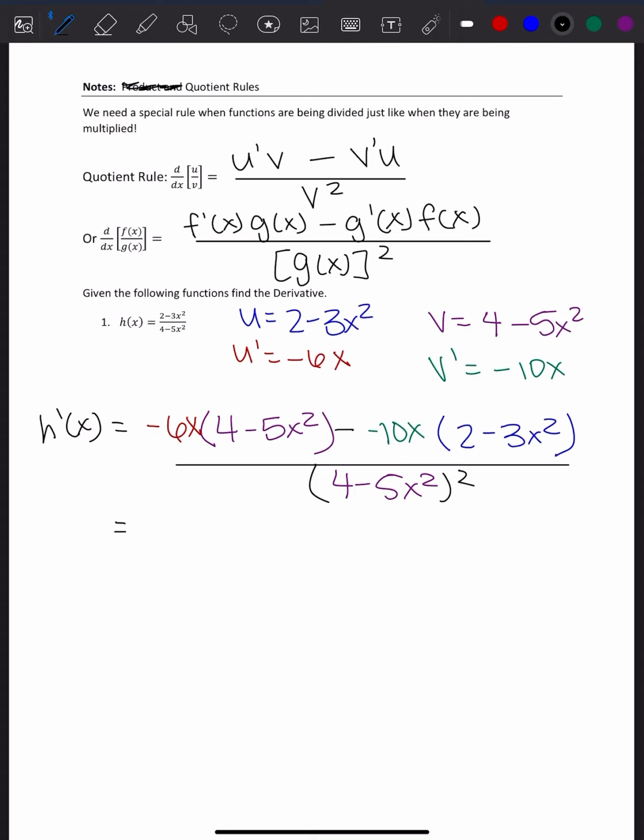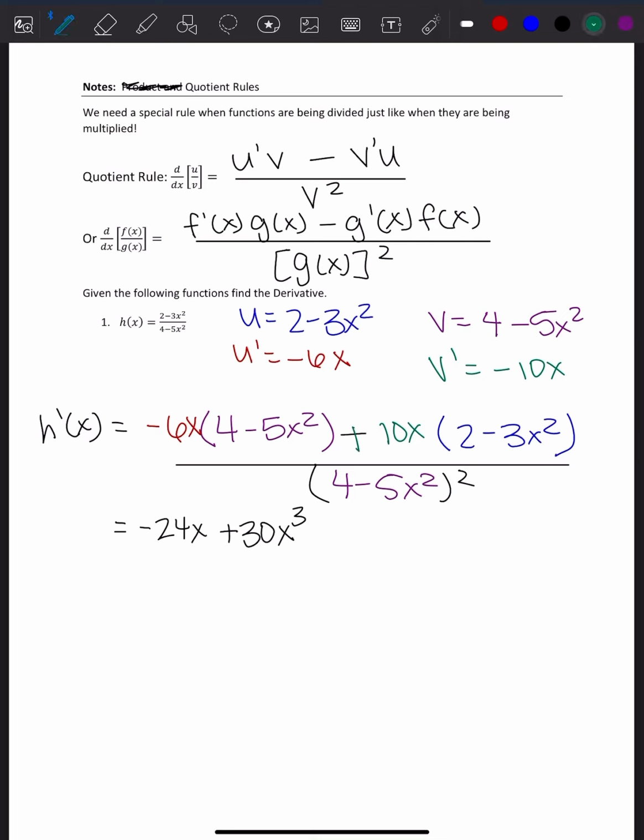So the first thing I need to do is multiply out what I have. Negative 6x times 4, so negative 24x. Negative 6x times negative 5x squared, so positive 30x cubed. We have minus a negative, so I can combine these. Instead of saying minus a negative, I can go ahead and say that this is now plus.